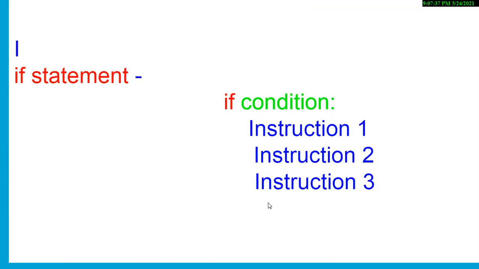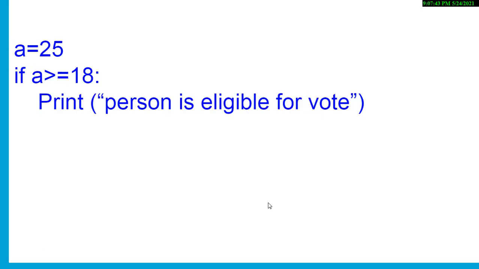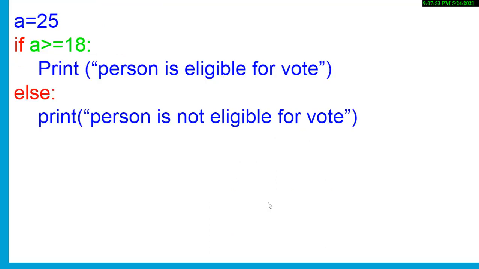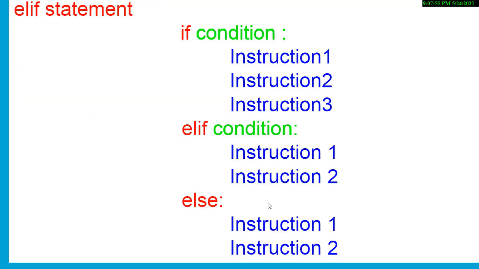If is just one condition and the instructions follow in sequential manner. We have seen one example. And if else means you have one condition, if that condition is true it will take that, else it will take the second option. Then we have the elif statement. In the elif statement, if the condition is true it will take the first instruction, elif it will take the second instruction, else it will take the last instruction.